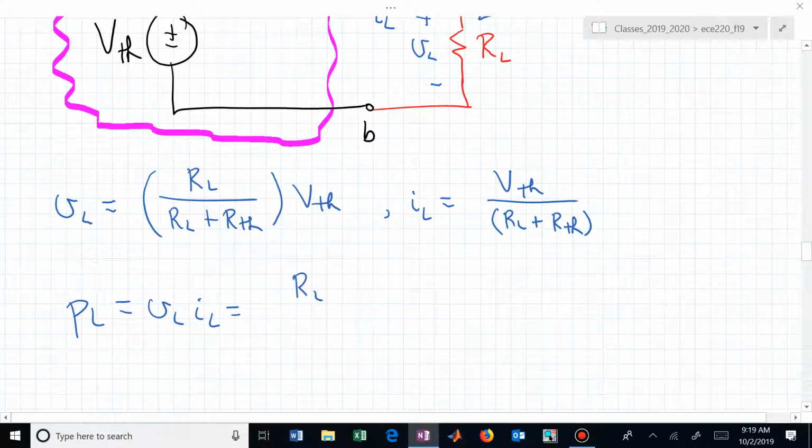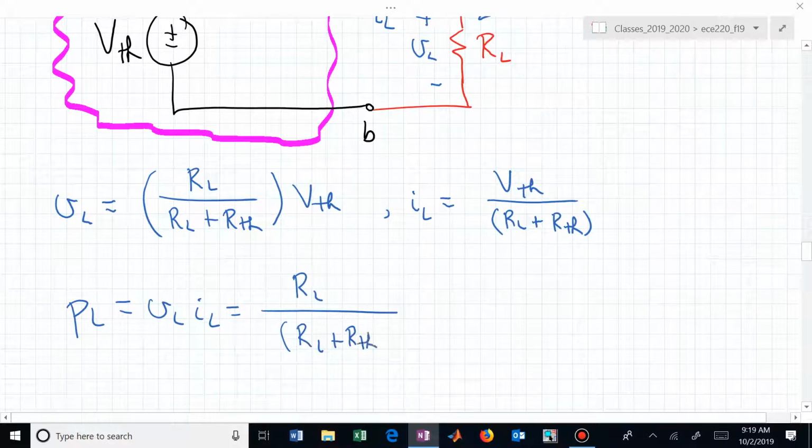The load power is now V sub L times I sub L, which is, if we put these pieces together, we have R sub L upstairs. We have the sum of R sub L and R Thevenin, two factors, so we square that, and then we have V Thevenin multiplied together, or we have V Thevenin squared.